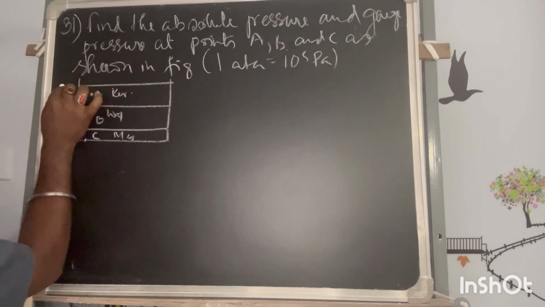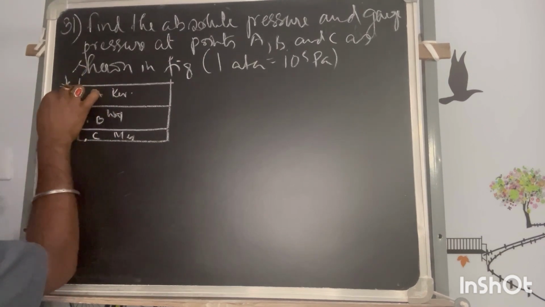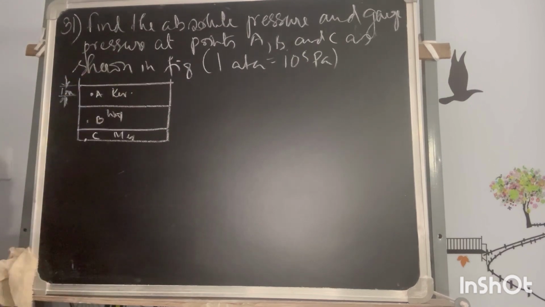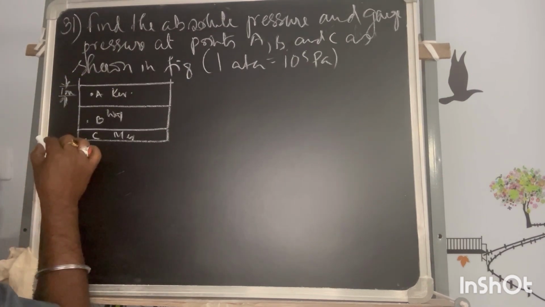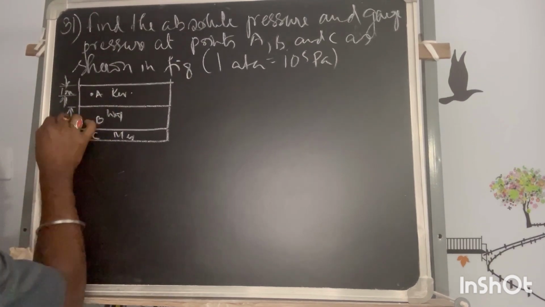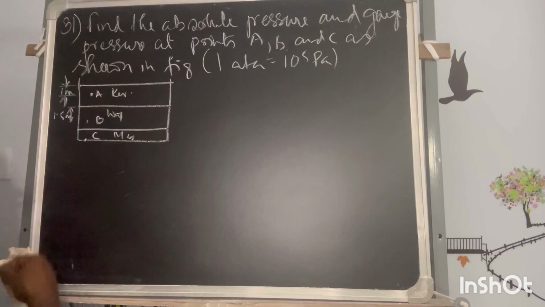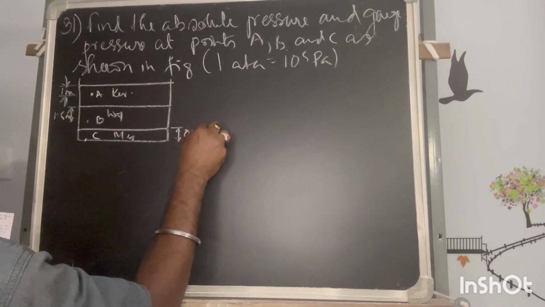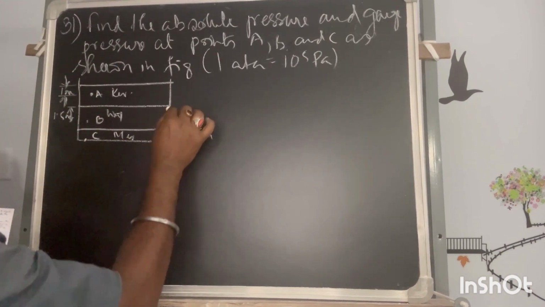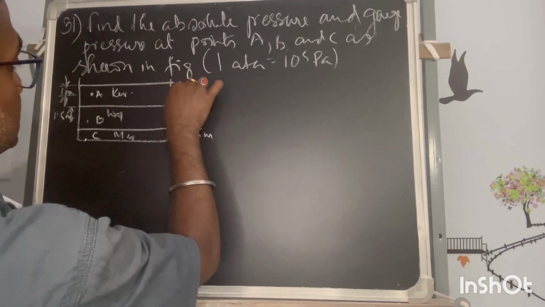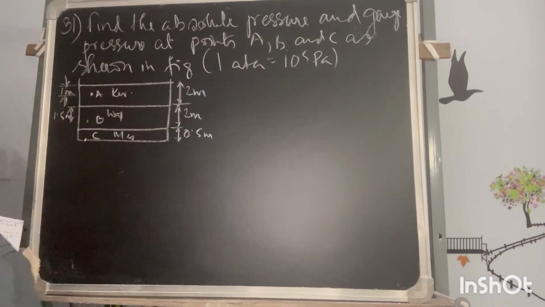The respective height of this point from the top flat surface of the liquid is 1 meter for point A, and from this surface to this point it is given as 1.5 meter. These dimensions are given as 0.5 meter, 2 meter, and again 2 meter.